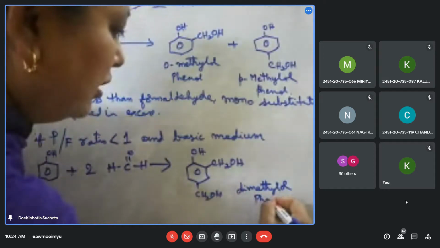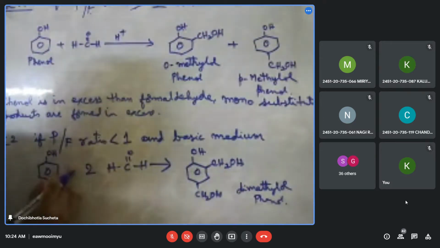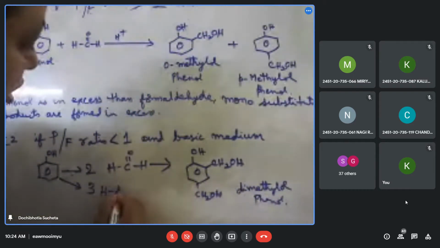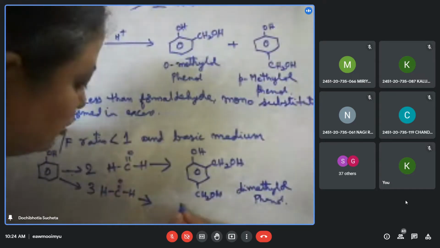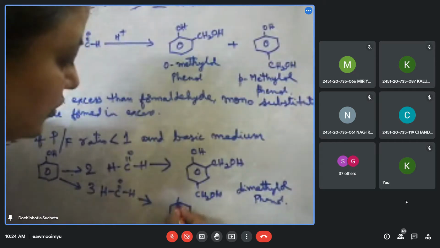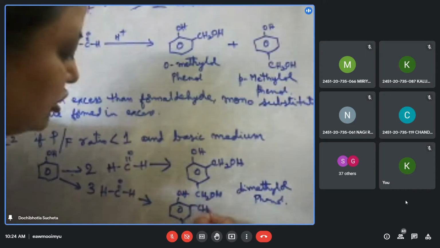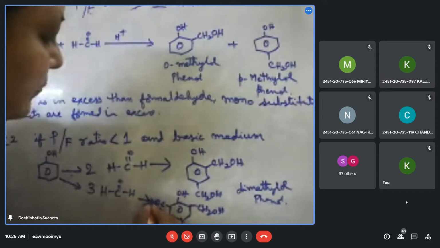Now, if 3 formaldehyde molecules are added, it results in a tri-substituted phenol. That means a phenolic ring with 3 CH2OH groups: CH2OH, CH2OH, and CH2OH.